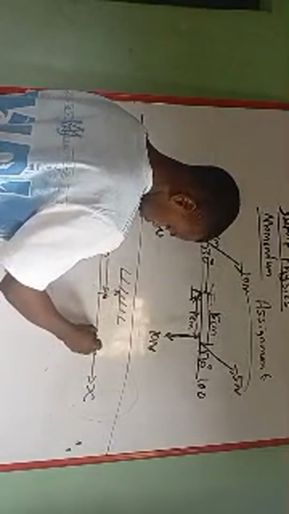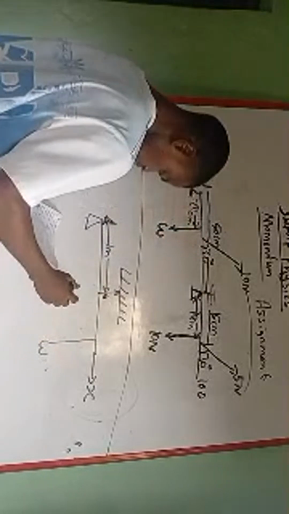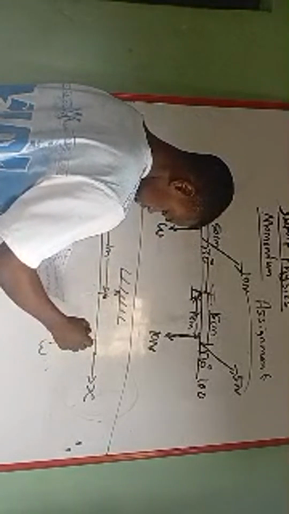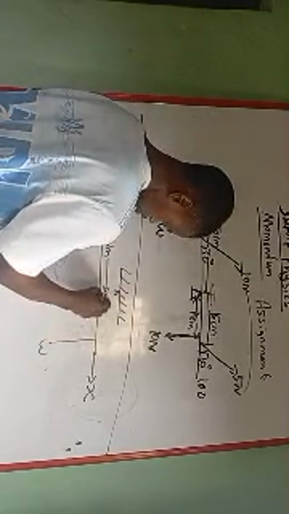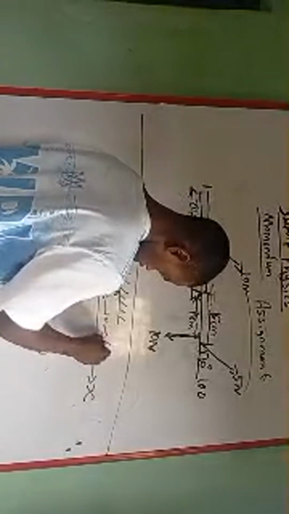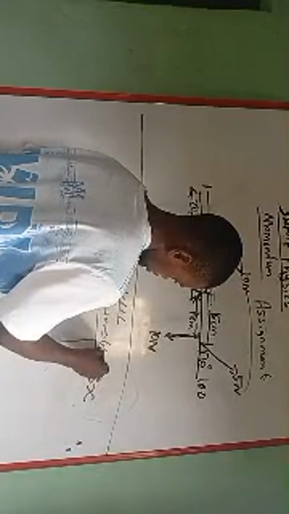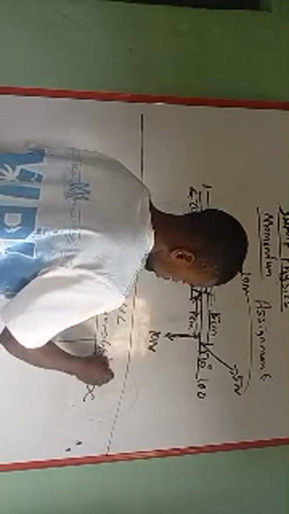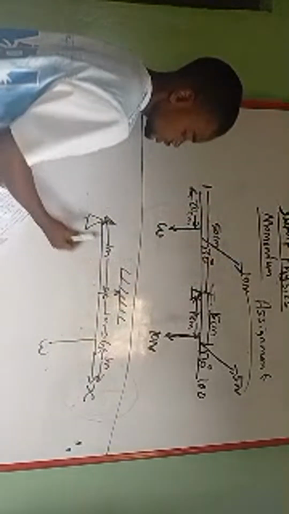And we have from here to this place is 1 meter. Now here is point G, and from here to this place is 1 meter. This point G, 1 meter, 1 meter.